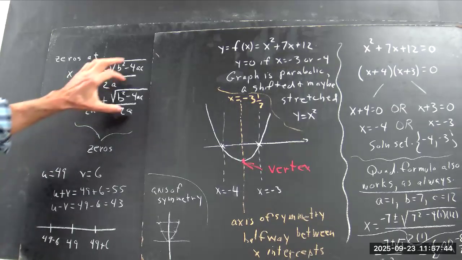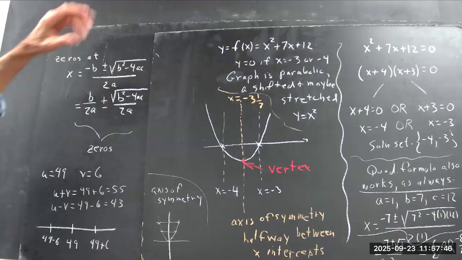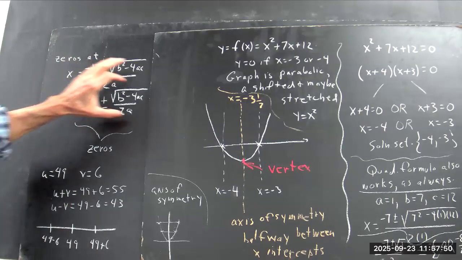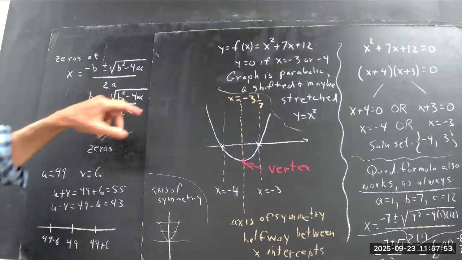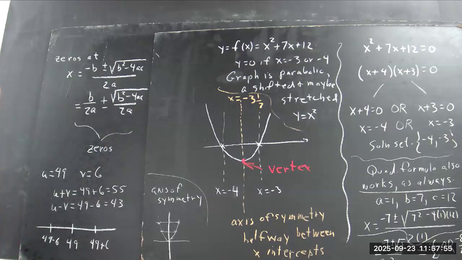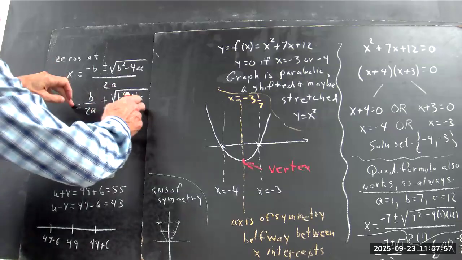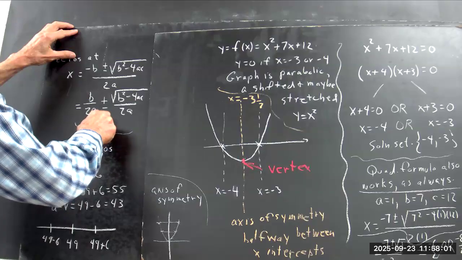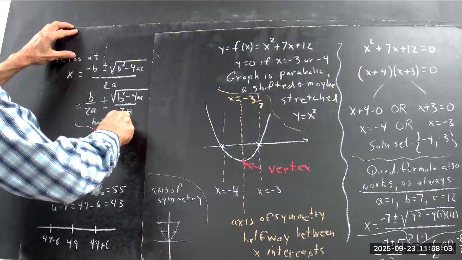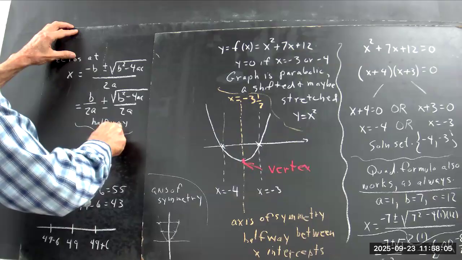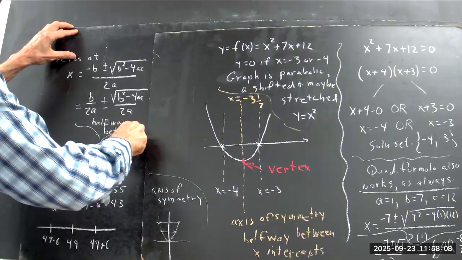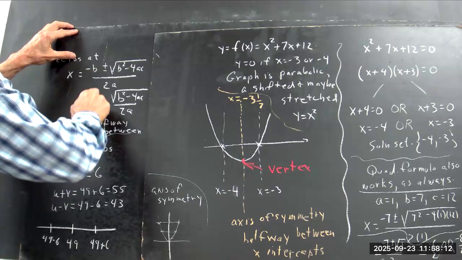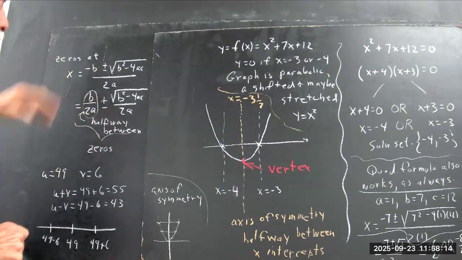If this is your U number and this is your V number, after you get done calculating it, this number is going to be right halfway between the plus and the minus, right? So these numbers are your zeros, and this number here is halfway between.